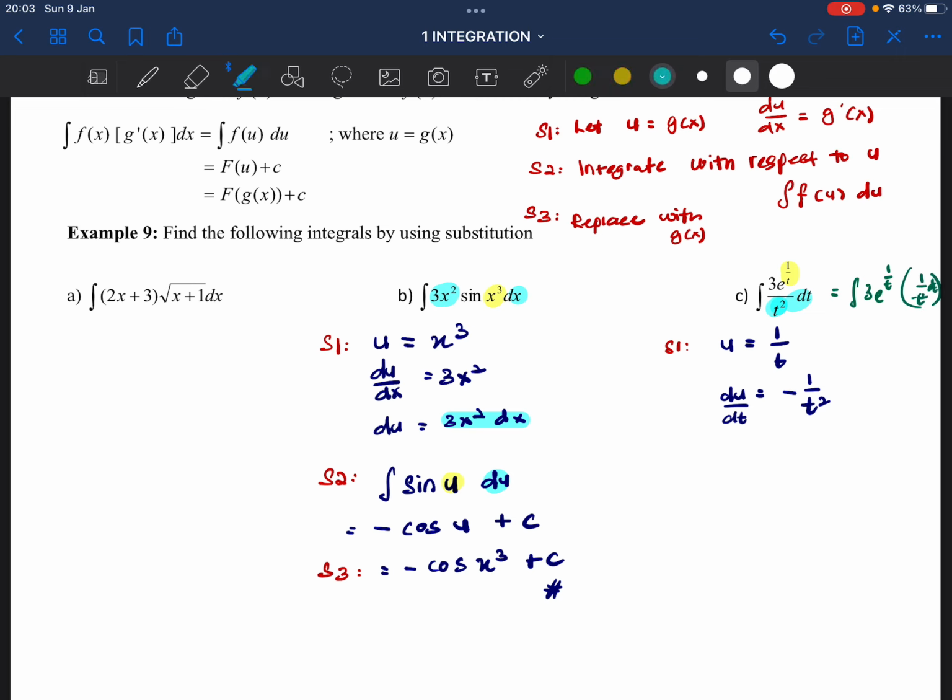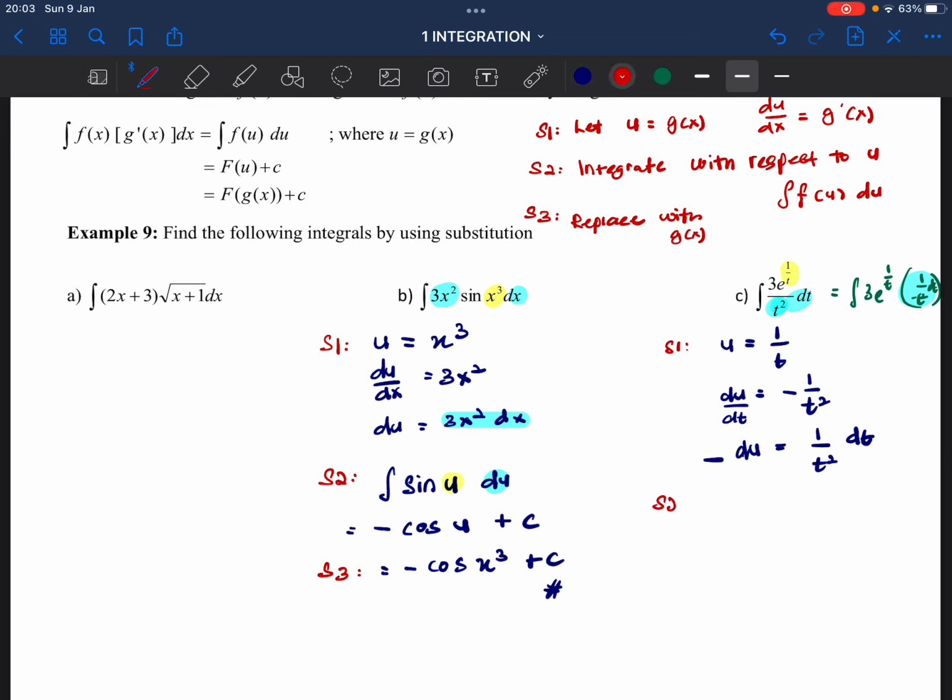So the blue part here you can make as du equals negative 1 over t square dt. So you have negative here, therefore we can transfer your negative to the left hand side. So therefore 1 over t square dt is your negative du.